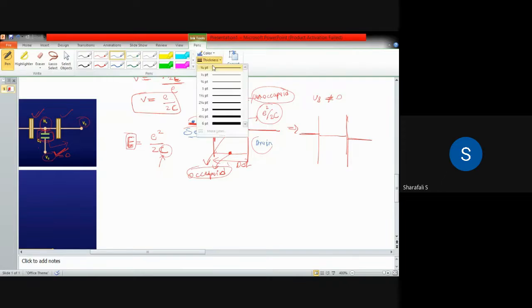And the electrons can directly go from the source to this unoccupied energy level in the quantum dot, and from there it can directly go to the drain. So when you provide this much of energy, e square by 2C.